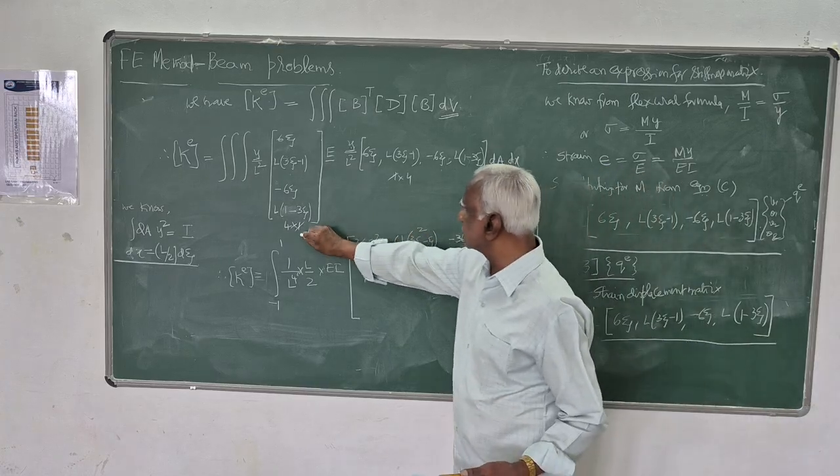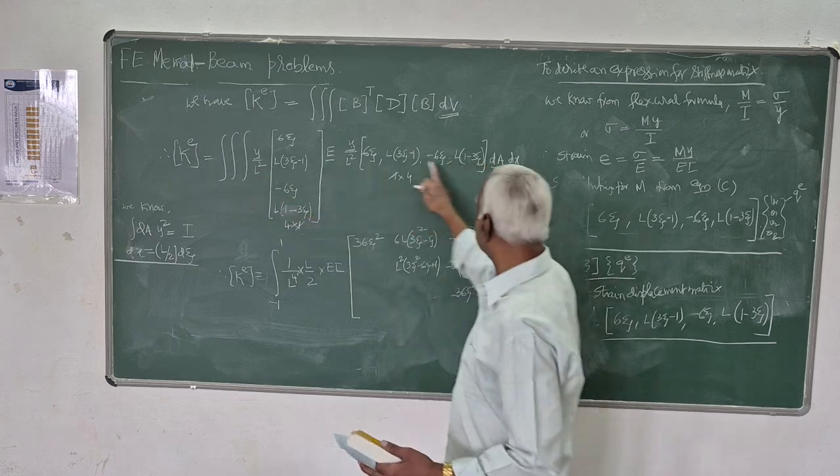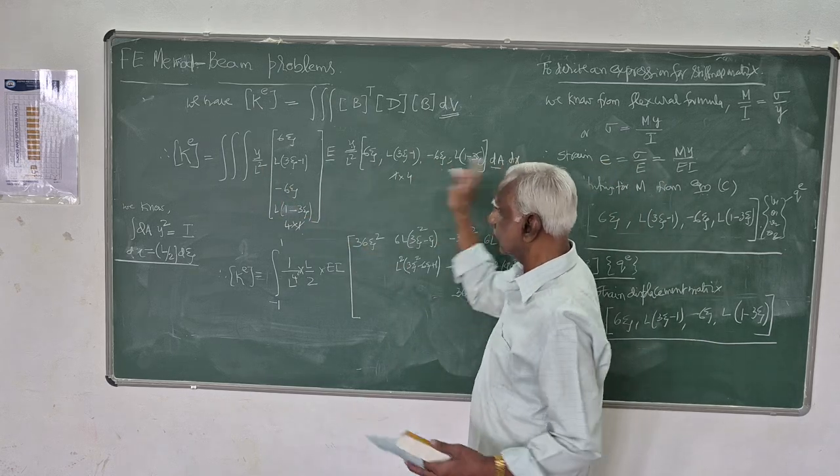That is this and this. That is this matrix, and y by L square, and this dA, and also dx.